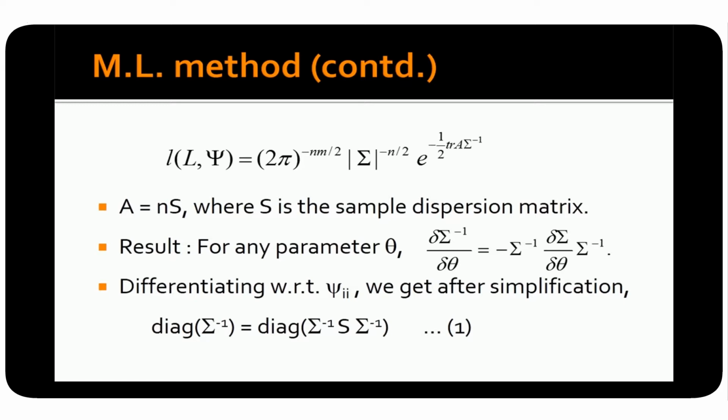And now what we need to do is differentiate this with respect to the parameters. But remember, we have a sigma inverse which involves the parameters. And how do you take the derivative of an inverse?